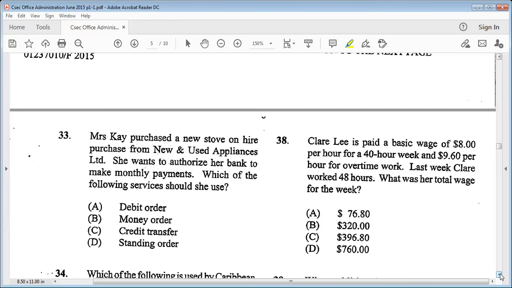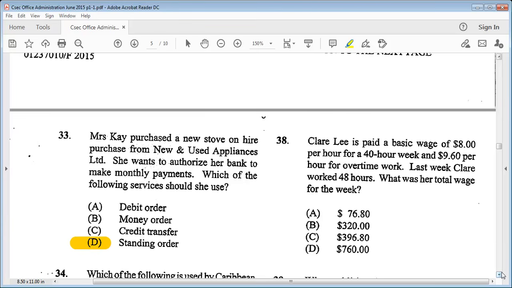A, debit order, B, money order, C, credit transfer, or D, standing order. We know it could not be A, using the method of elimination. Letter B is totally out. A money order is not what that purpose it serves. Neither is it a credit transfer. So our answer would be D, a standing order.